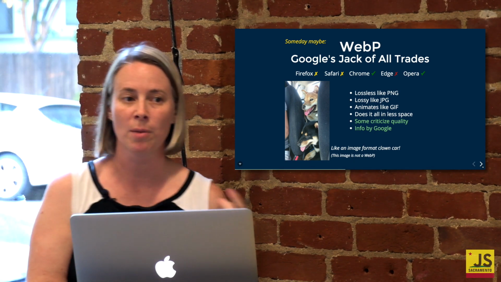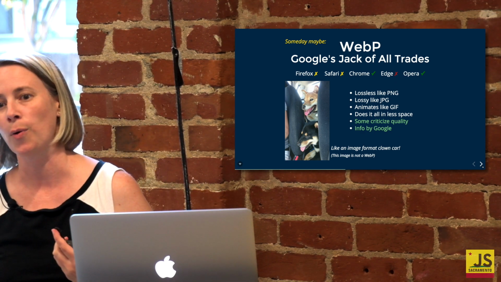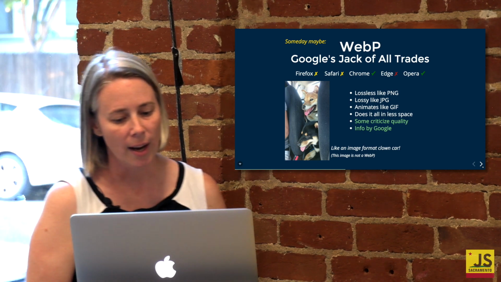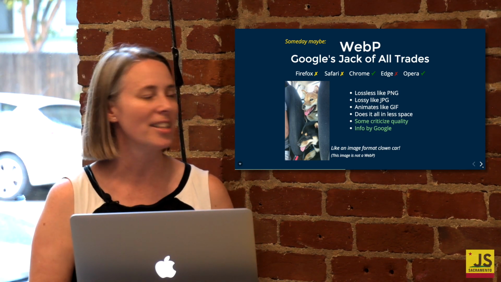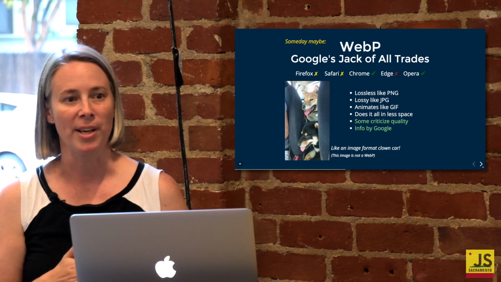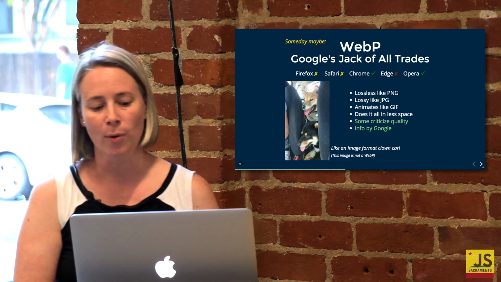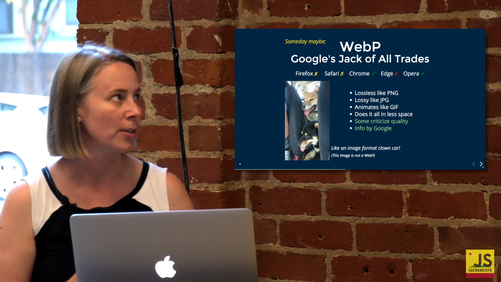So it can have those JPEG advantages for photos, or it can have the PNG type advantages for big blocks of color. And it also animates like a GIF or like an APNG. And it does all of that taking up less space. So it sounds pretty awesome. But some do criticize the quality of it. That last thing is a link to more information about it from Google.